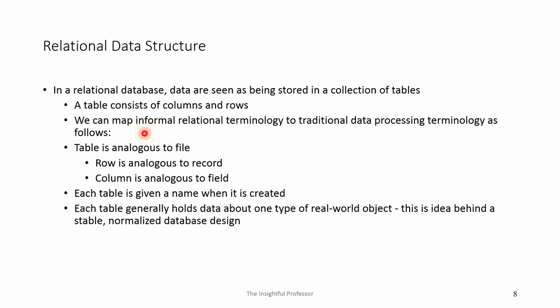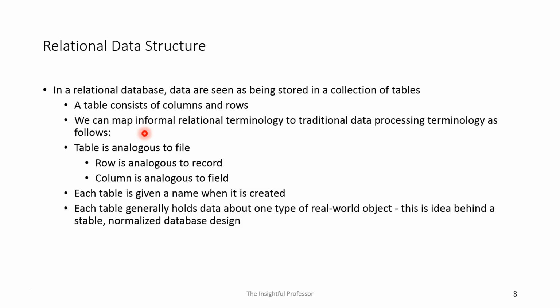If you're familiar with traditional data processing, we talk about storing our data out in operating system files. And what we store is one record for one particular thing. So if we have an employee file, we have within that a record for Mo, who's an employee, a record for Larry, another employee, a record for Curly, a record for Shemp, and so on.